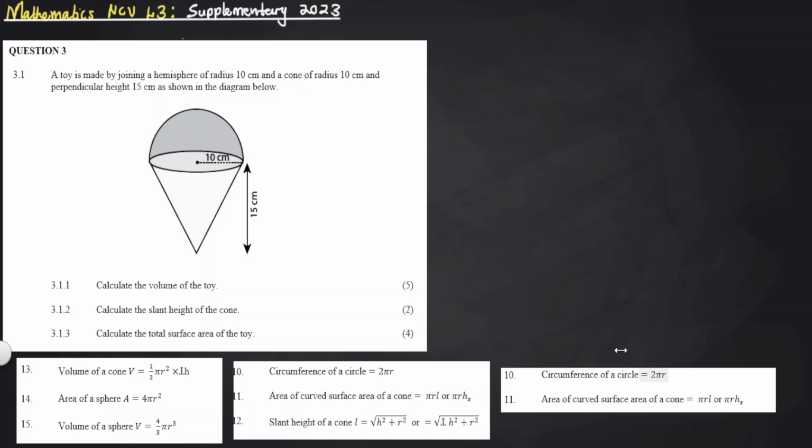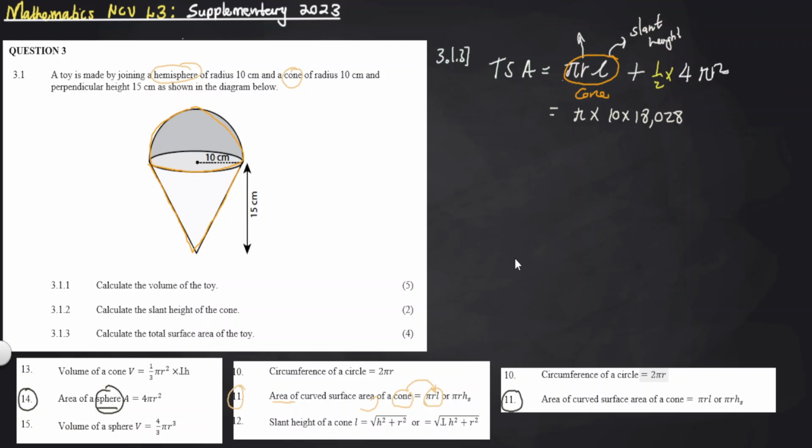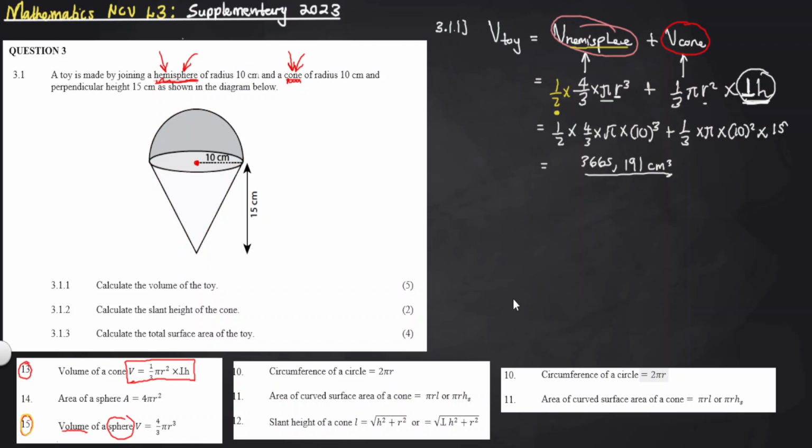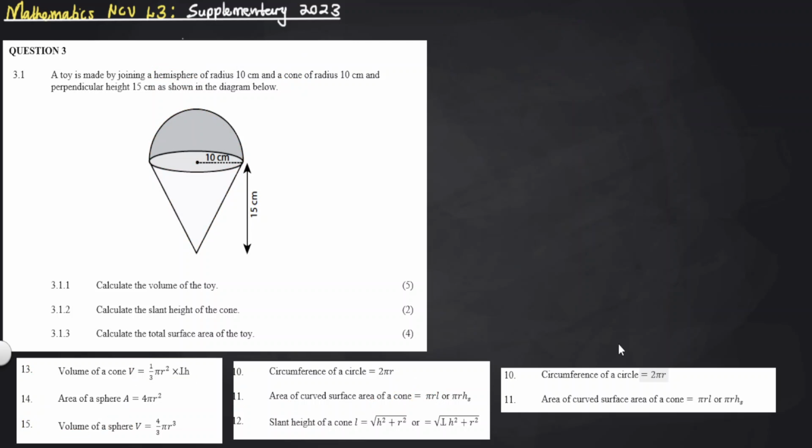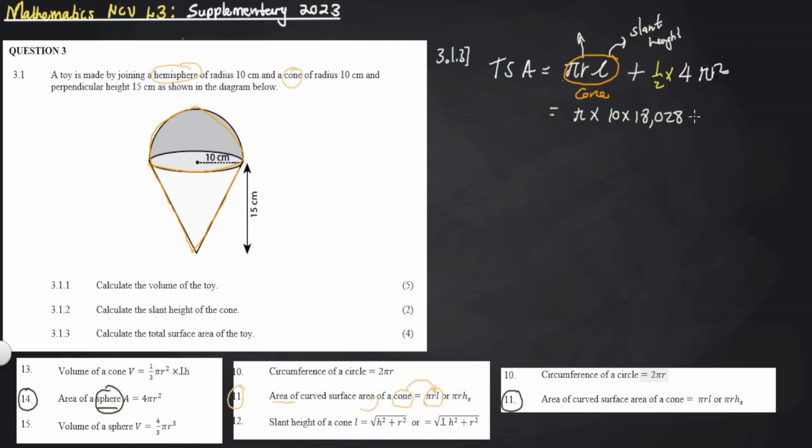Okay, I'm now getting lost. Where was I writing? Okay, plus half of 4 times pi, we're going to use pi as is, multiplied by the radius squared. So the radius is 10. We square this, equal to, let's work out the answer again.